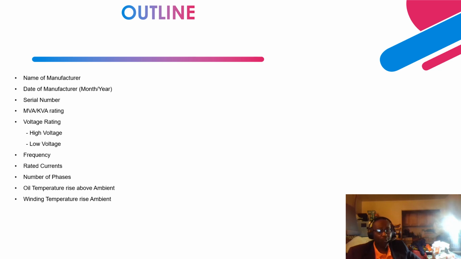The high voltage side is 345 kV and the low voltage side is 13.8 kV. Similarly, if you have a transformer that steps down the voltage from 345 kV to 69 kV, which is the typical sub-transmission level voltage, the high voltage side is 345 kV and the low voltage side is 69 kV.